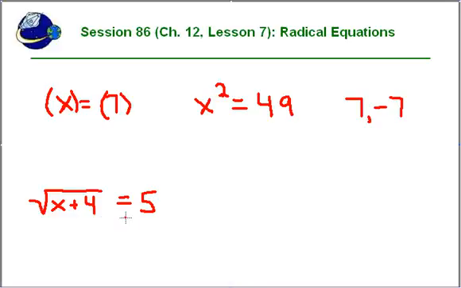Well, what we can do is square both sides. I'm going to take the left side and square it, and take the right side and square it. What is the square root of x plus 4, squared? It's simply x plus 4.